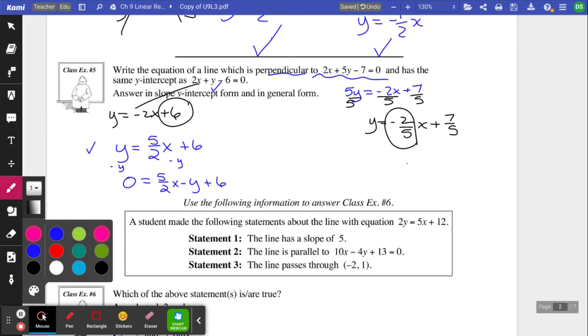Even the 0 gets multiplied by 2. 5/2 multiplied by 2/1 is 5, so you get 5x. But don't forget, you've got 2y and 12 left, because what you do to one thing, you must do to it all.